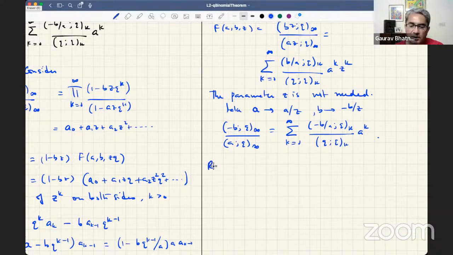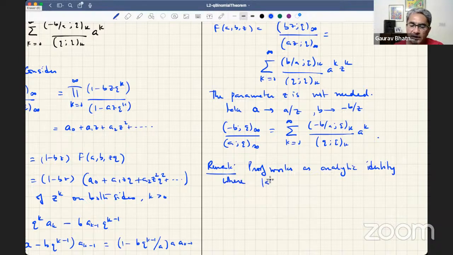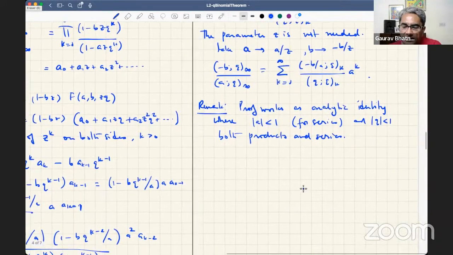So the remark is the proof works as an analytic identity, where we need the absolute value of A less than 1 for the series to converge, and Q less than 1 for both the products and the series.